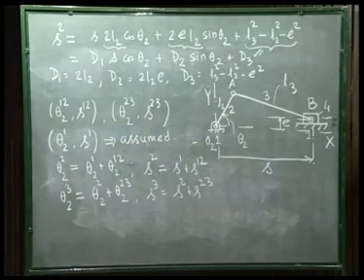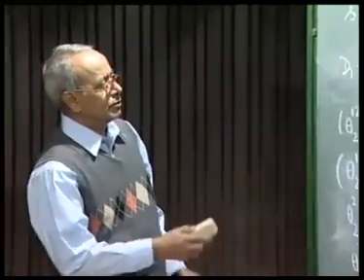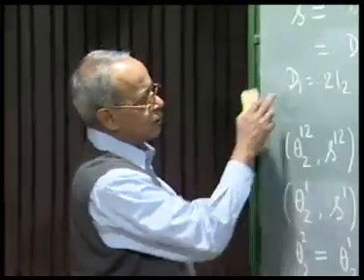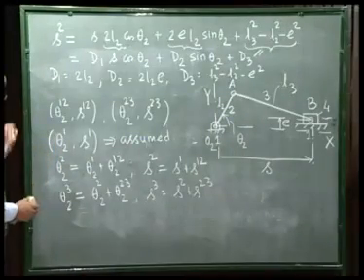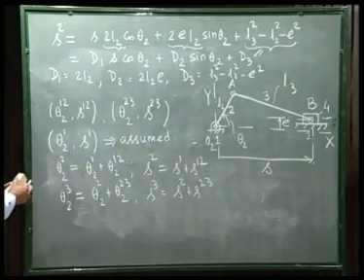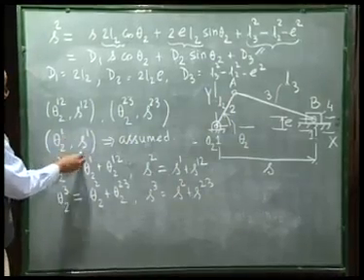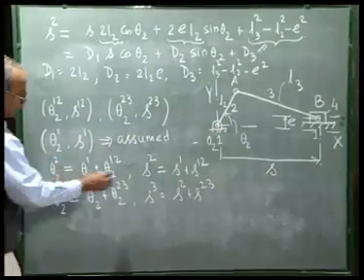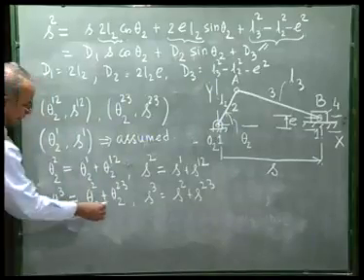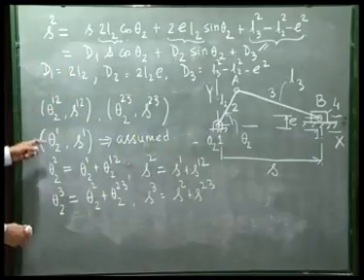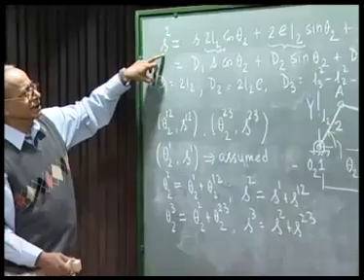Thus, the function generation with 3 accuracy points by the slider crank has boiled down to generation of 3 pairs of coordinated values of theta 2 and S, namely theta 21 S1, which are assumed, theta 22 S2 and theta 23 S3. We can plug in these 3 sets of values in this equation.